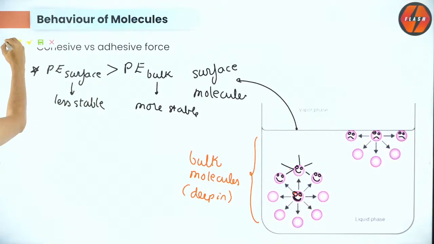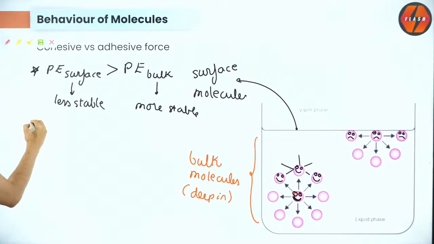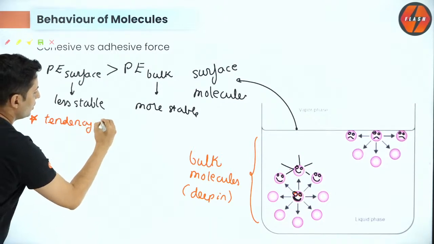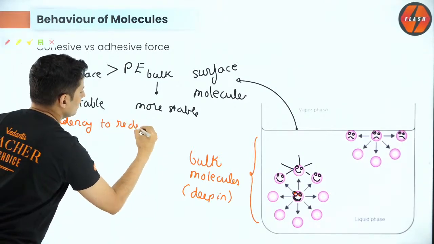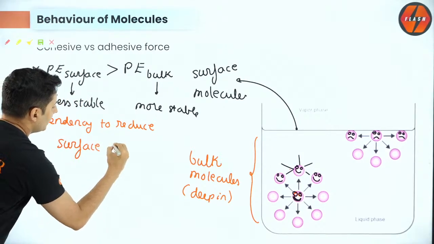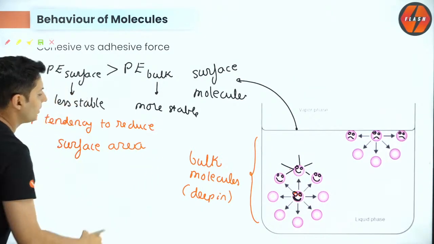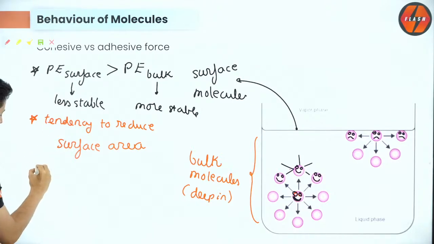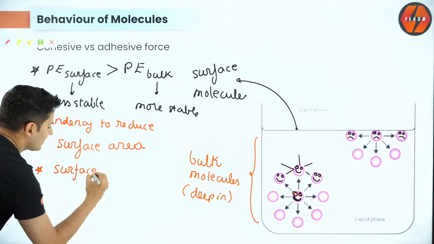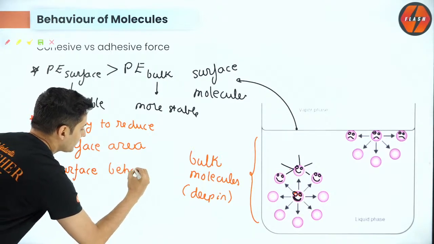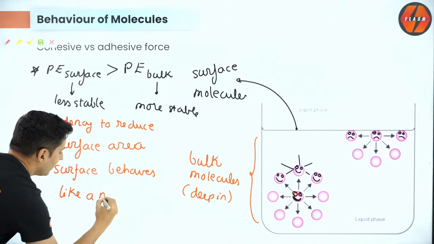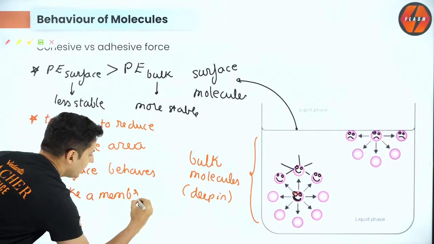And because of this, there is a tendency to reduce the surface area, because of which the surface behaves like a membrane. It behaves like a membrane.